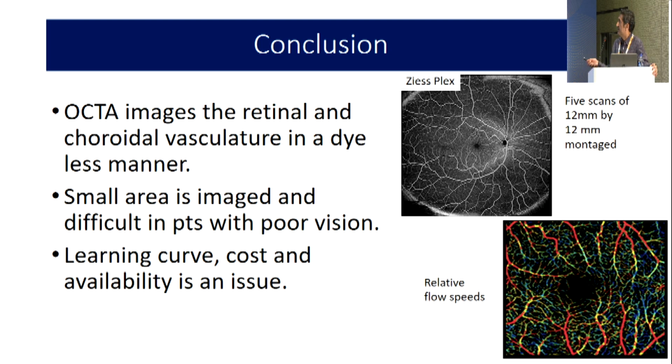But now we have new machines which give a broader, larger area, and new prototypes have given us flow speeds also, so it will image the flow also. Right now it just tells whether RBCs are there or not, but it does not tell about the flow. Higher flow could be the arteries and lower could be the veins. All these things are coming up.